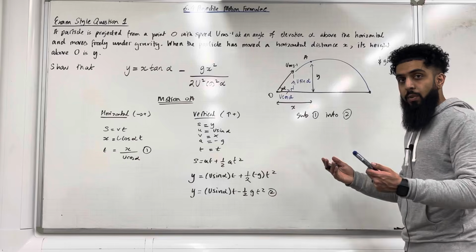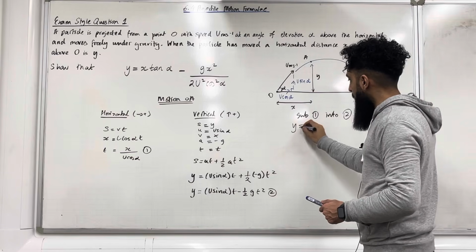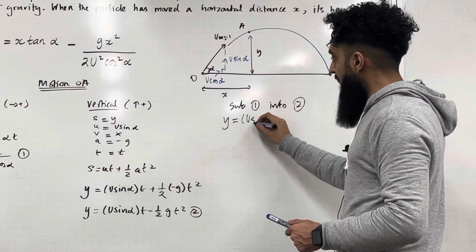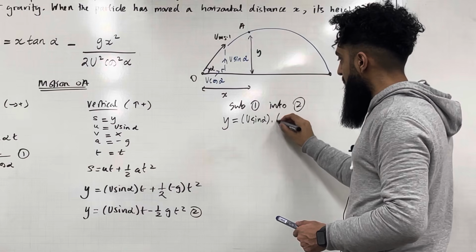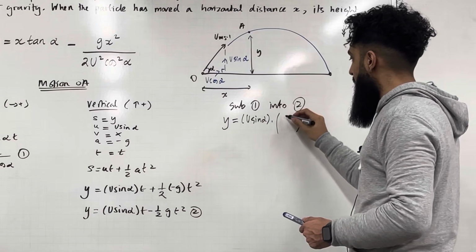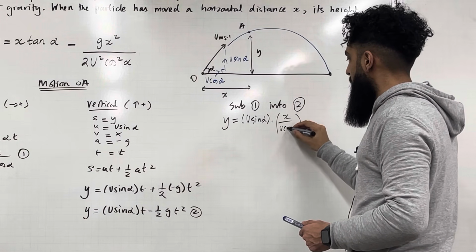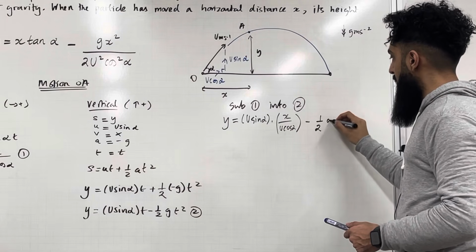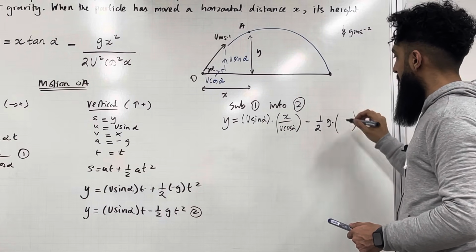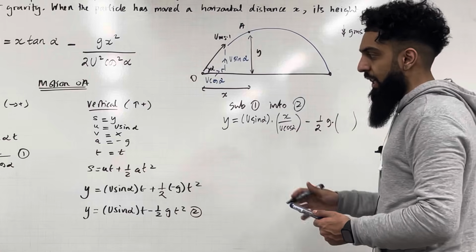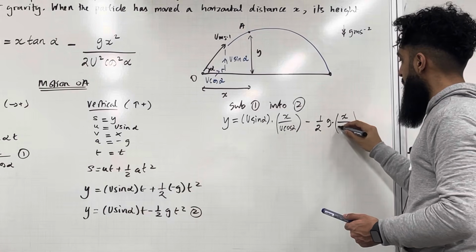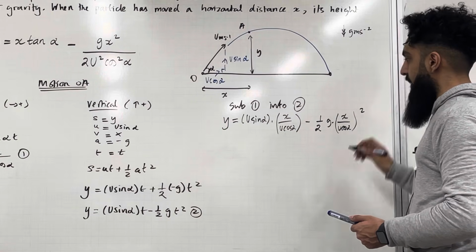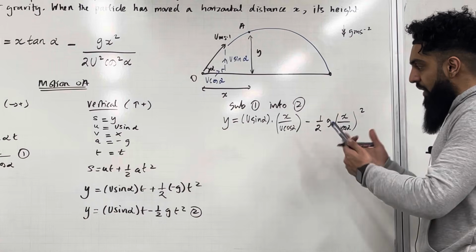Right, so if we do that, we get y equal u sine alpha multiplied by the t, which is x over u cos alpha, minus a half g t squared, remember t is x over u cos alpha. We are going to square this. Okay, so now we're going to simplify.